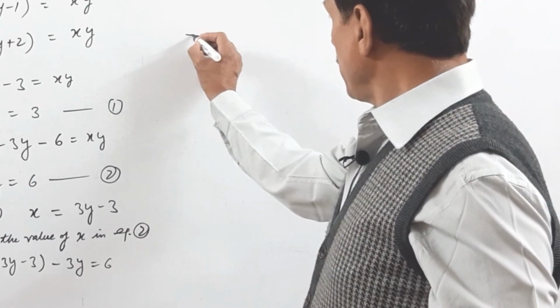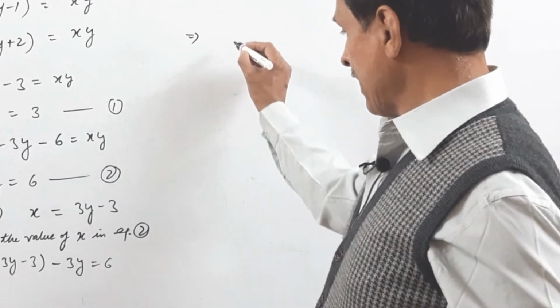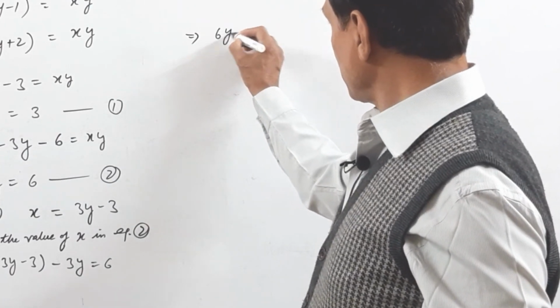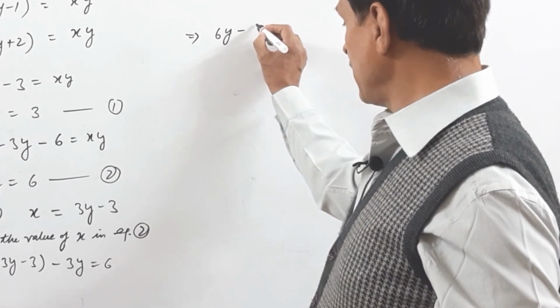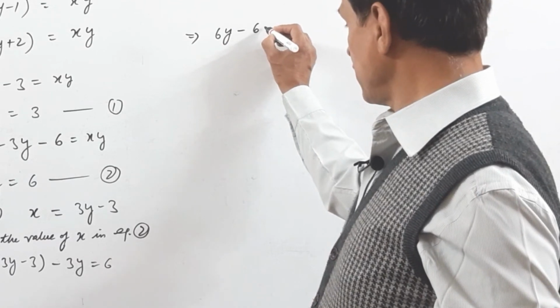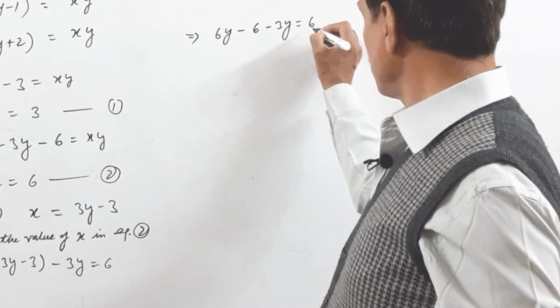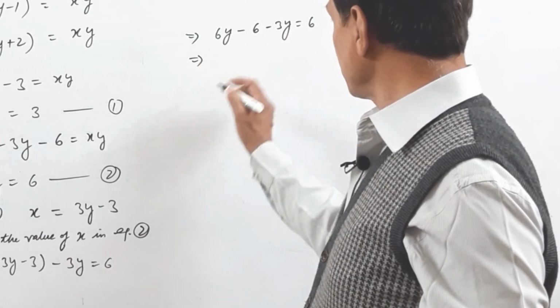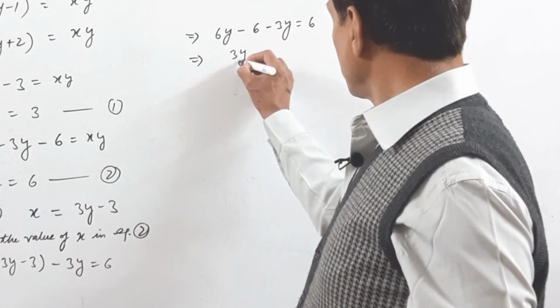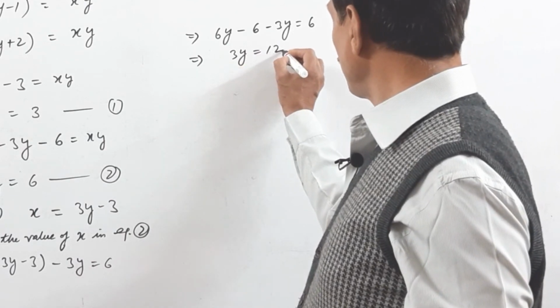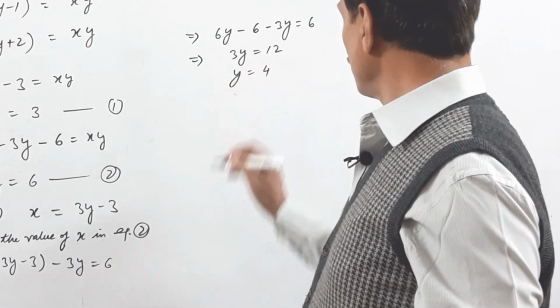It implies 6y minus 6 minus 3y is equal to 6, which further implies 3y is equal to 12 or y is equal to 4.